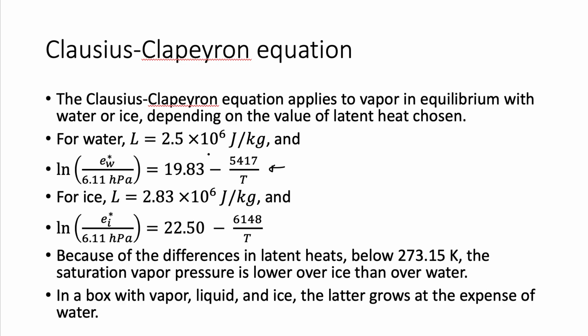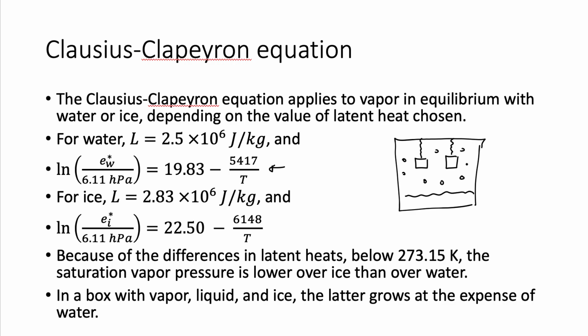And that is interesting because if you had a box with some liquid water here, some ice cubes suspended for whatever reason, and water vapor molecules, you're still going to have some molecules of liquid that are going to come out and some are going to come back in.